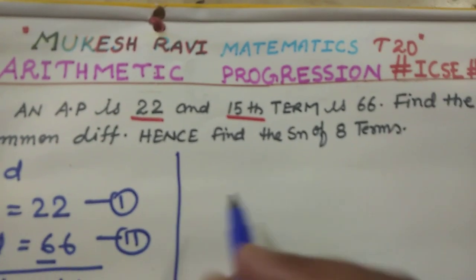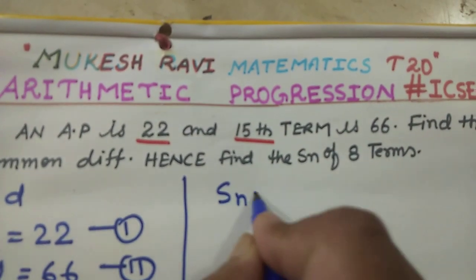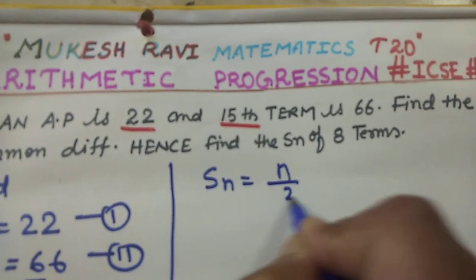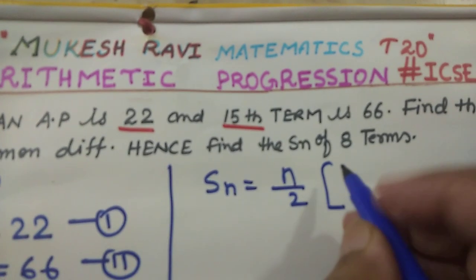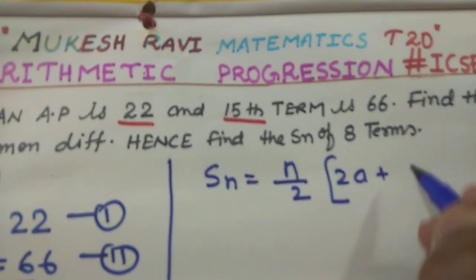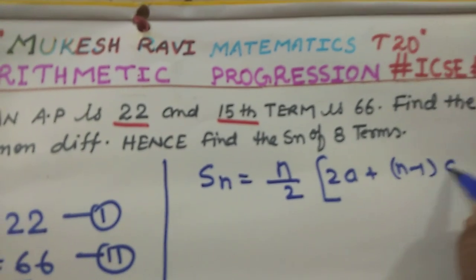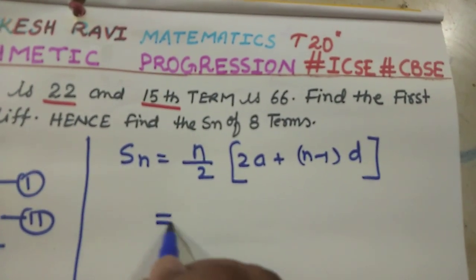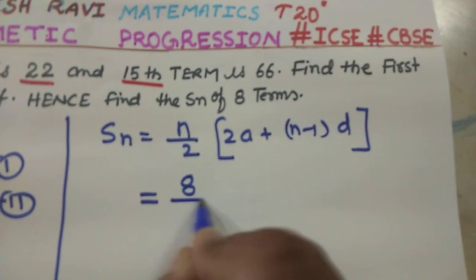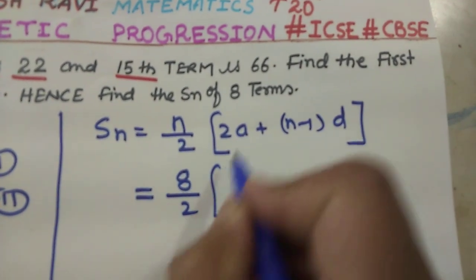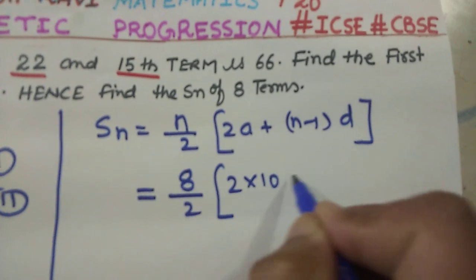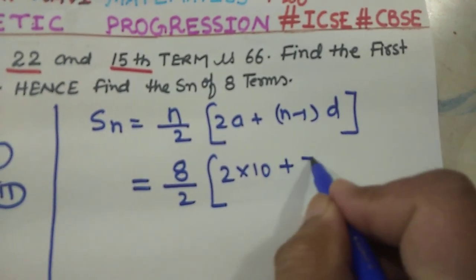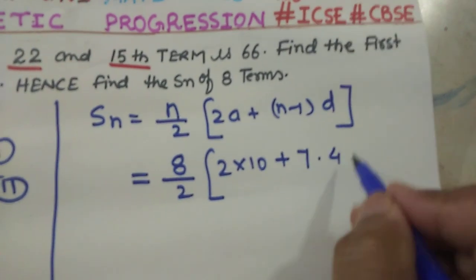The sum of 8 terms. So the Sn formula is n by 2, see the revision of the previous knowledge, 2a plus (n minus 1)d. This is the basic. Write the formula. n equal to 8, so 8 by 2. a equal to 10, 2 into 10 plus (8 minus 1), 7, d is equal to 4.